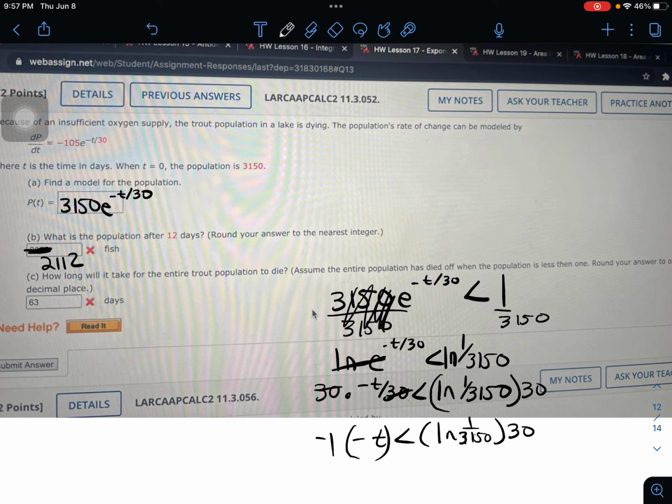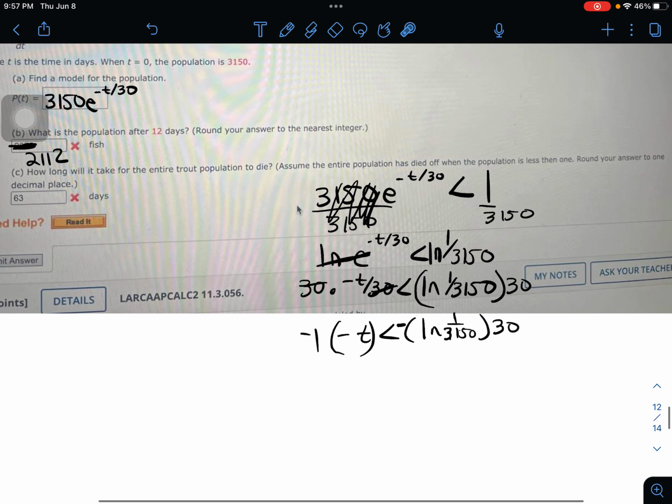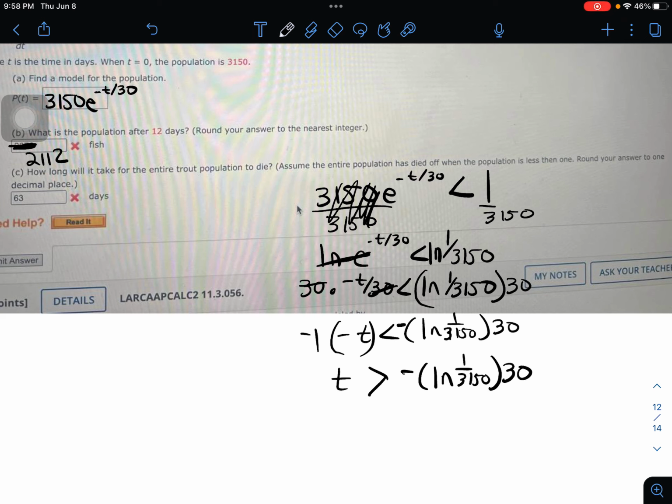But what I do to one side, I have to do to the other side. So I also have to multiply this by a negative, which is just going to make this whole side here negative. But here's what I was talking about. When you're solving inequalities, if you multiply both sides by a negative, you have to flip the inequality. So that's what I'm going to do. Negative times a negative gives me a t over here. I'm going to flip my inequality, and then I'm going to have negative natural log of 1 over 3,150 times 30.